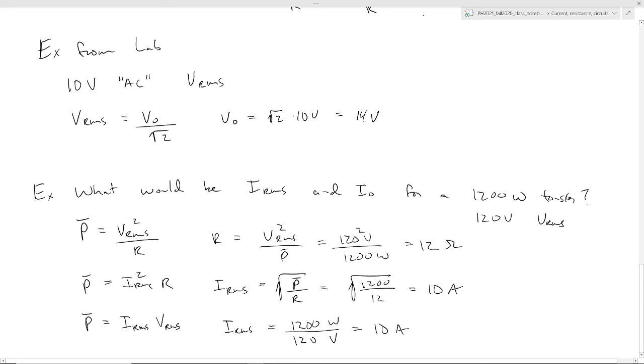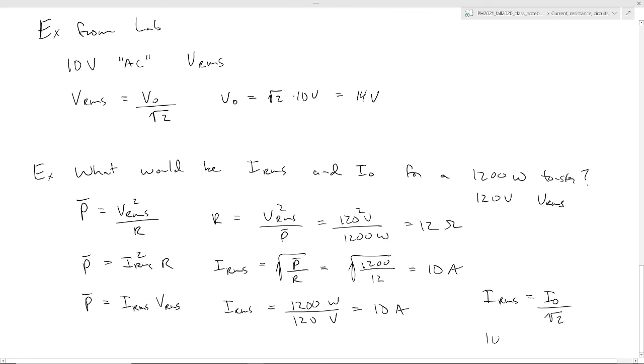So, different ways, six of one, half a dozen of the other. And then we could relate this to the peak current by noting that IRMS is, of course, I naught over root 2. So the peak current would be 10 times a factor of root 2. So that would give us about 14 amps.